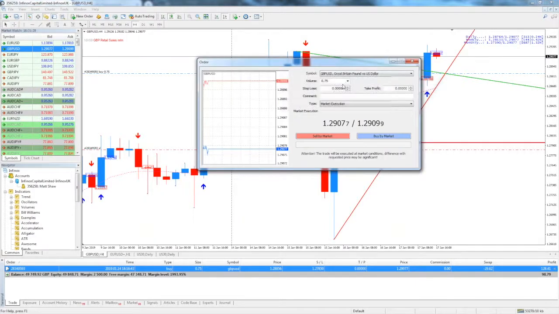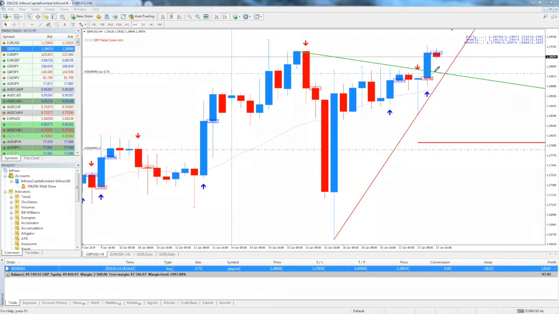If I was to trade 2 lots here and short this now, and I was in for 2 lots at $20 a point and the market sold off against me 100 pips, I'd lose 100 times 20, which is $2,000.